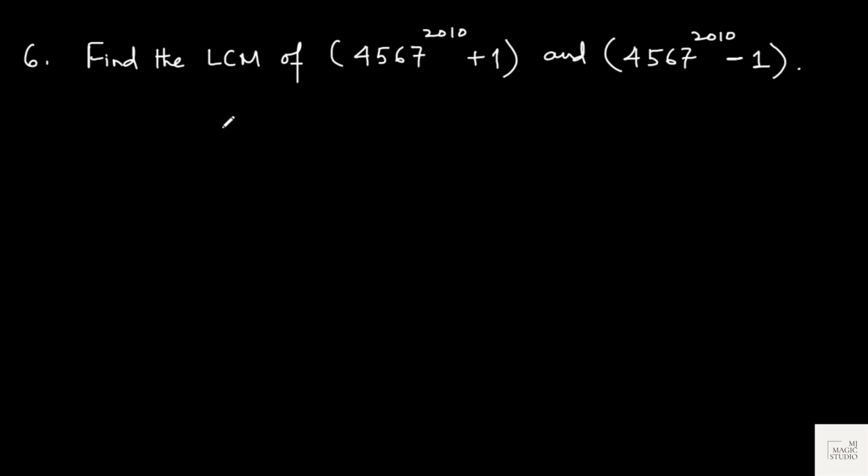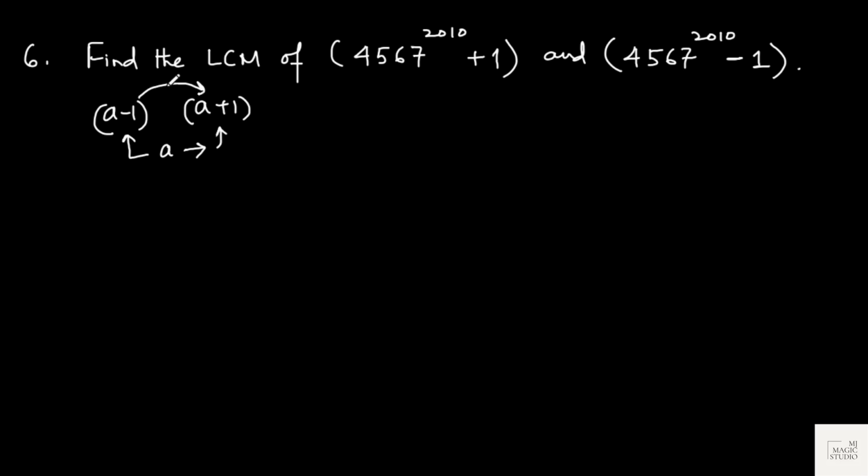So I hope you must be having the answer by now, and you must have used the property which we have discussed. We need to find the LCM of two numbers. One is a plus 1 and another one is a minus 1. First thing, it is clear that this is a. This number is after a, that is a plus 1, and this number is before a, that is a minus 1.